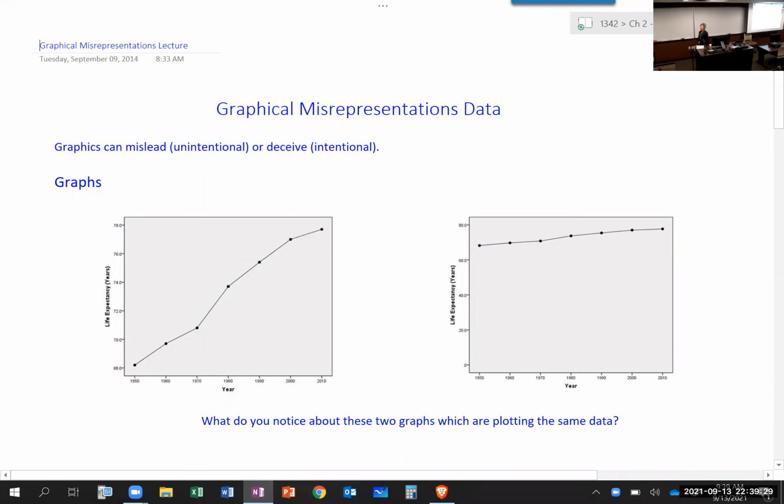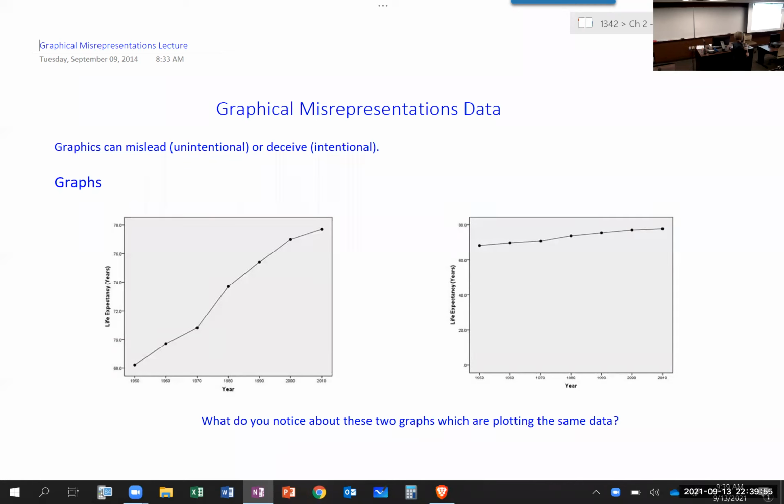What I have here are two graphs. There are lots of different ways that we can inform using a picture, and there are a lot of ways that we can mislead, which would be unintentional, or deceive, which would be intentional, with our graphs. Notice here, just compare the two graphs.